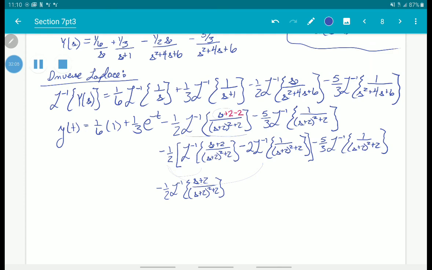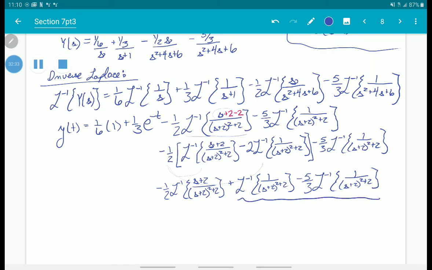Negative 1/2 times a negative 2 is a positive 1. And then we have that 5/3 inverse Laplace of 1 over s plus 2 squared plus 2 here. And then these we can put together.